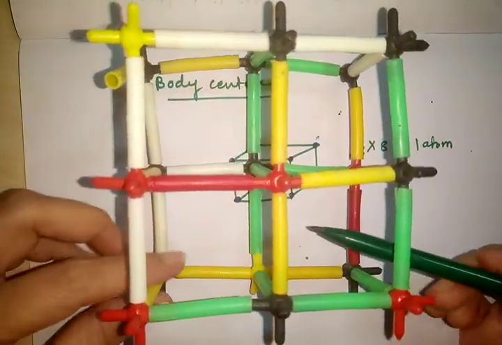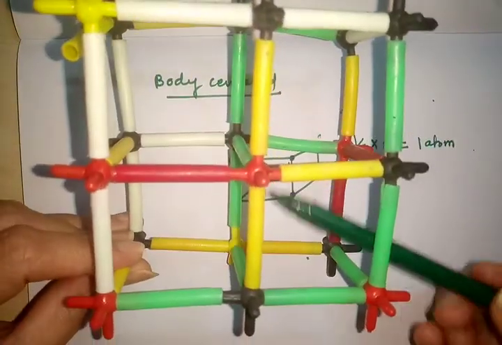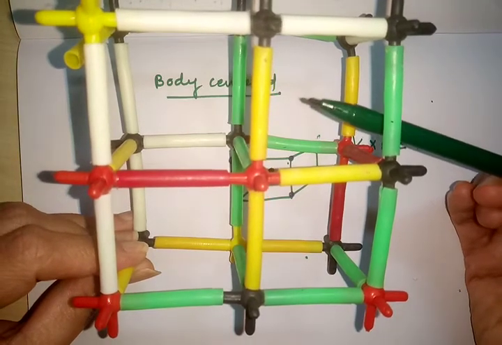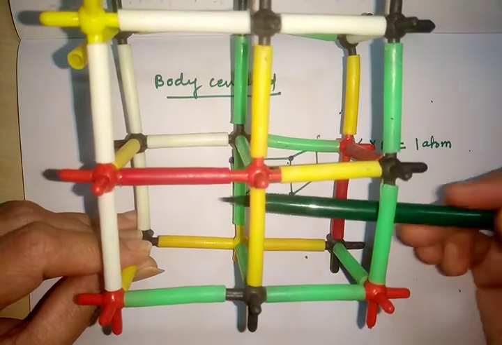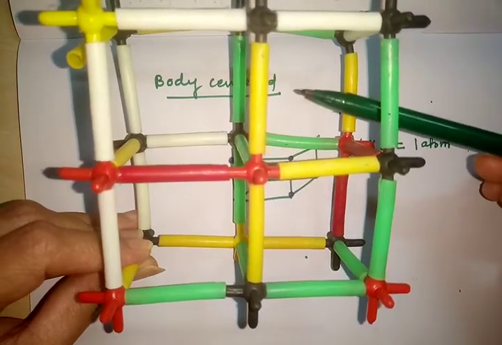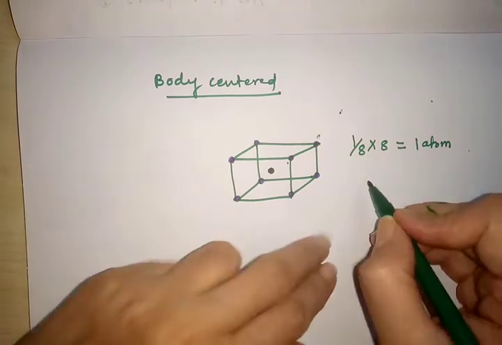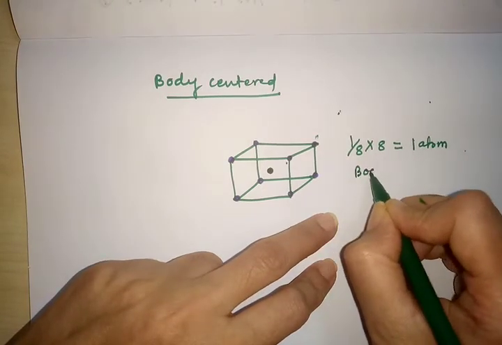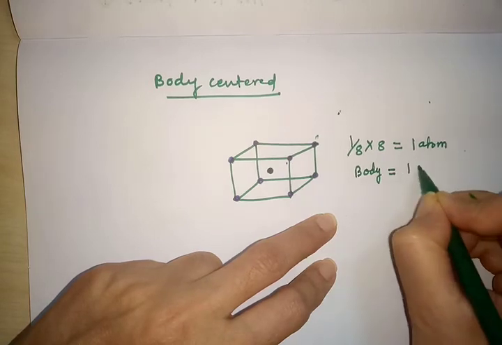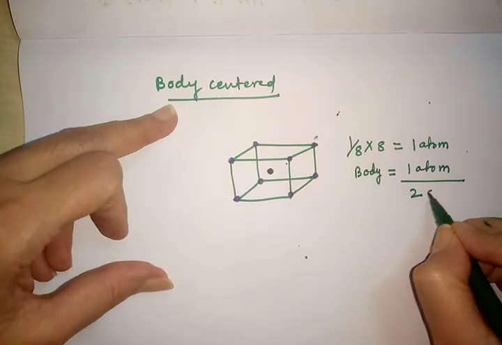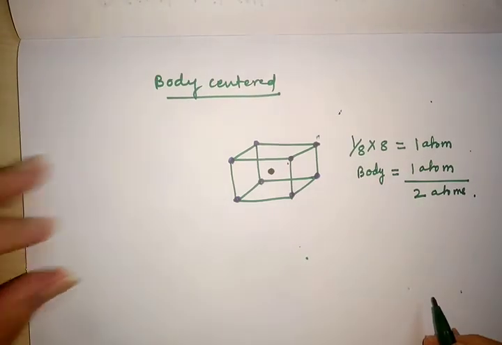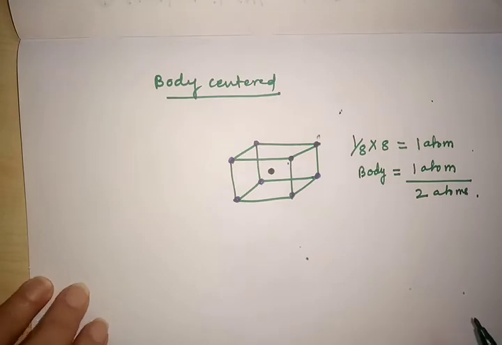If you consider this as a simple unit cell, and your particle is just lying at the center of this, it won't be shared by any other unit cell. So its contribution at the body will be 1 atom. So the total contribution in case of body centered unit cell will be 2 atoms. Okay, so this is about the body centered.